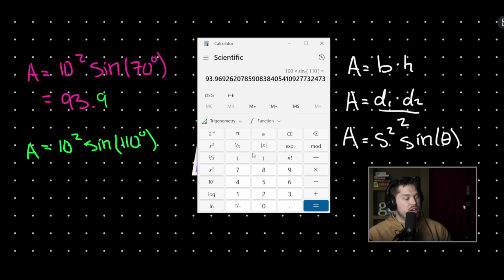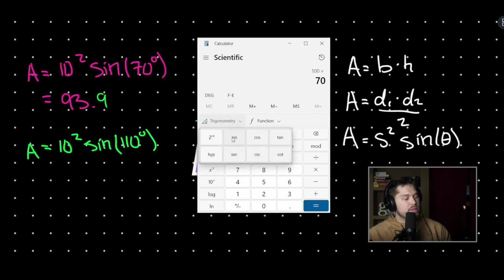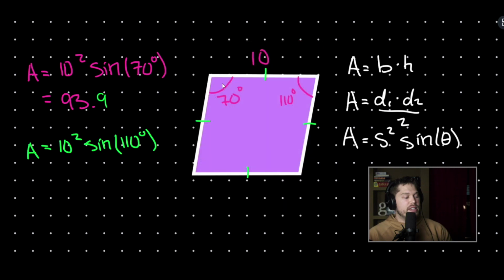And again, just so y'all can see it, I will clear it and do it one more time. 100 times the sine of 70 degrees equals the same value. So it doesn't matter which angle you choose in this case.